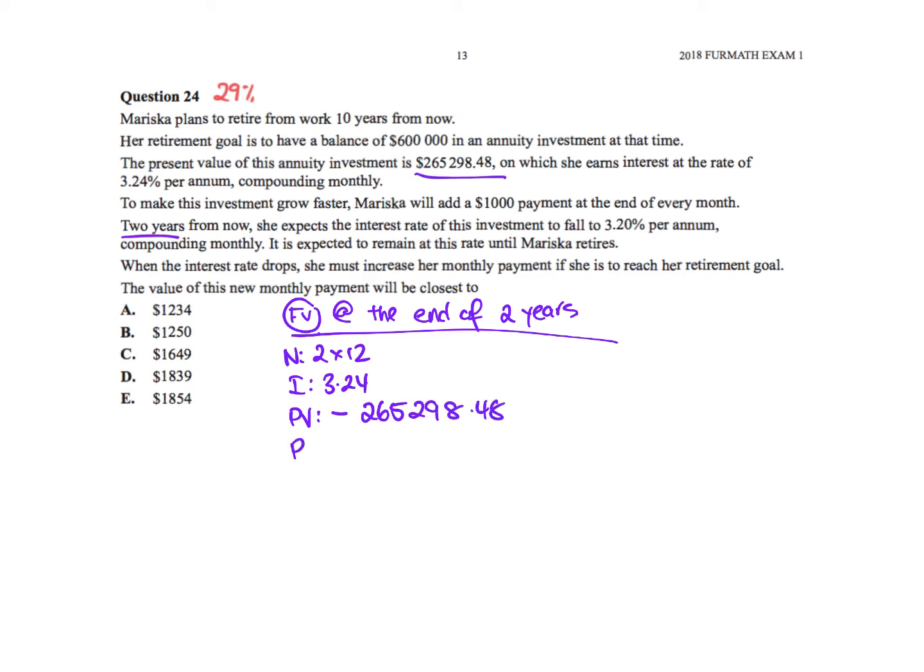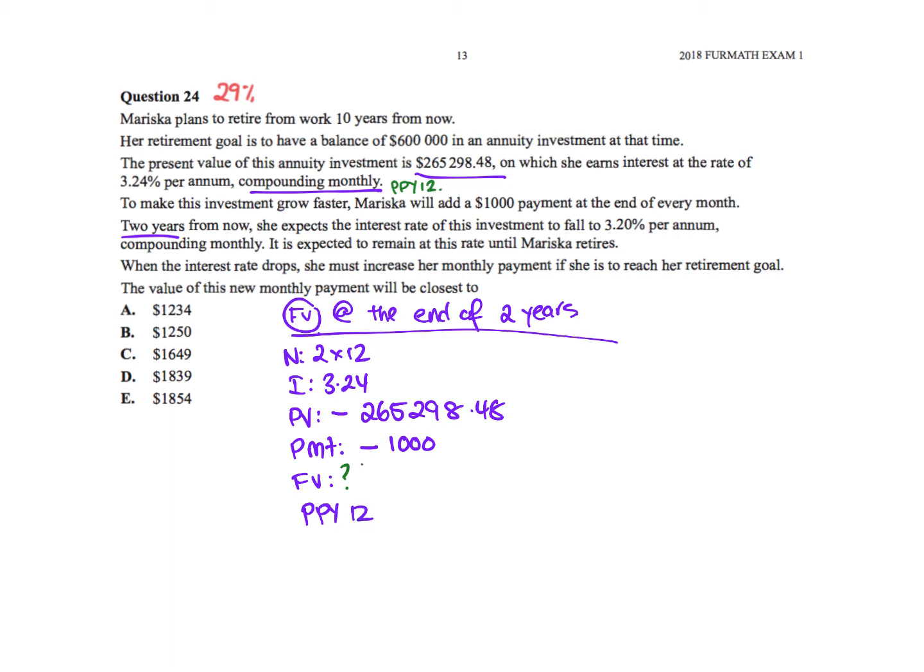And to make this investment grow, she will add 1,000 every month, so the payment was 1,000. We want to know the final value at that time, and PPY was monthly compounding, so I put in 12.